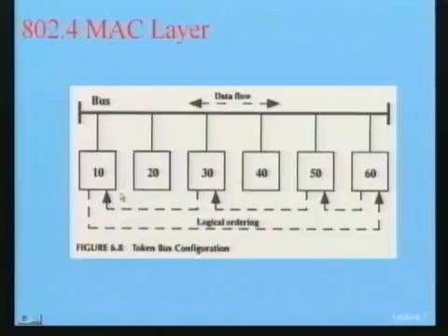Now, each station has an address, and it needs to know the previous and the next address. So you always have to maintain that. If somebody comes into the network or somebody is deleted from the network, you have to adjust these numbers. Okay? Then the next issue which comes in here: in 802.5, the token was produced and maintained by the control station. In here, the token has to be maintained in a distributed way, so everybody has to somehow maintain that.